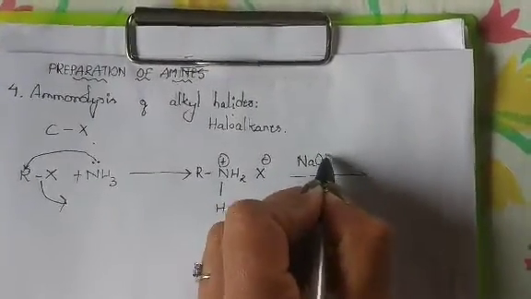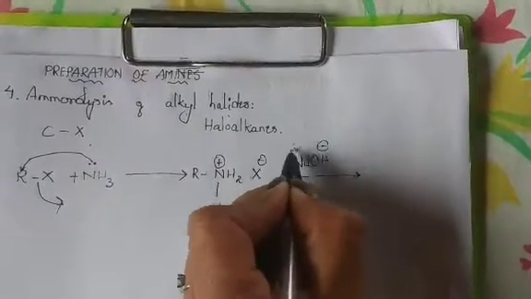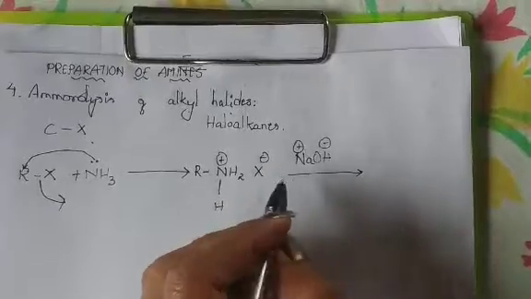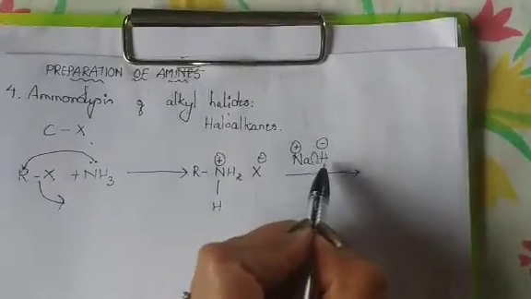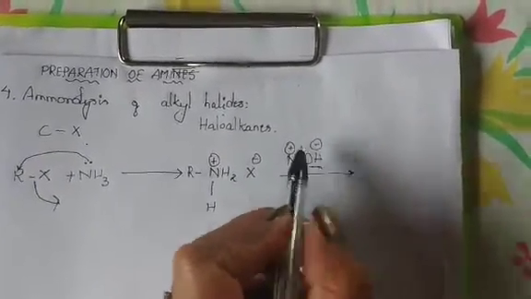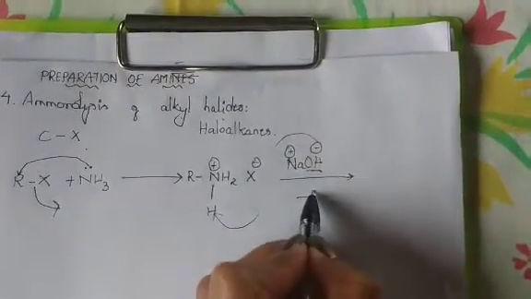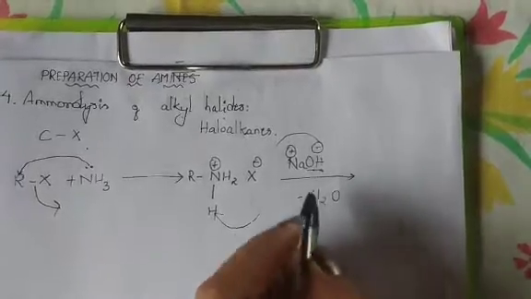Now, if we take a base here, the negative and positive attract each other. The OH goes and takes up this hydrogen, and there is removal of a water molecule.